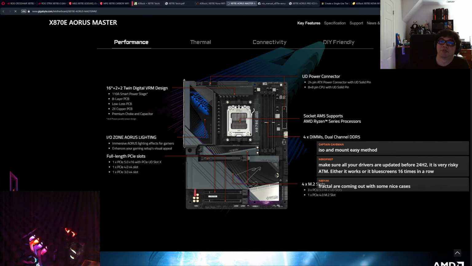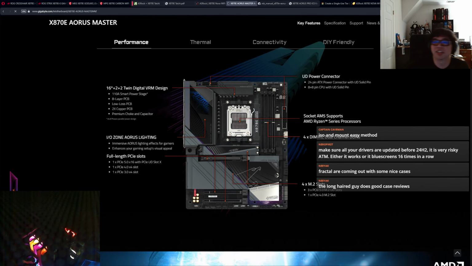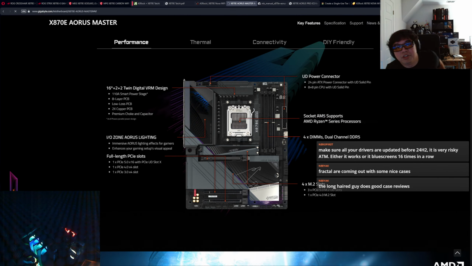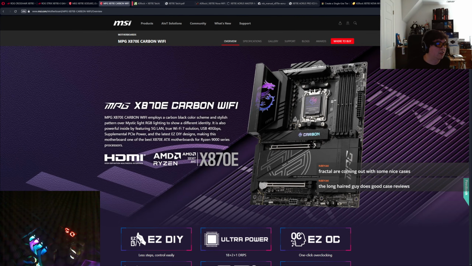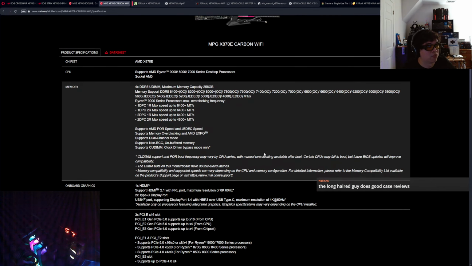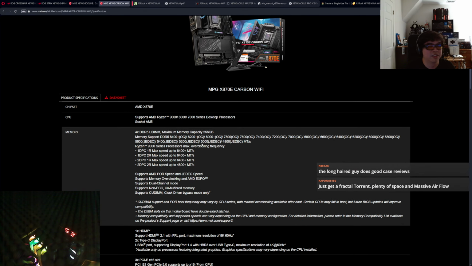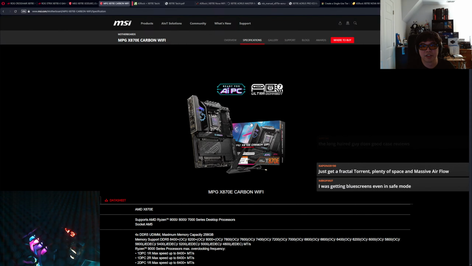Yeah, one thing I want to see, like CUDIMM, I'm actually very interested in the new DDR5. CUDIMM or CUDIMM, you know, that stuff. MSI has that support already on the Carbon. So for those of you wanting to know which motherboard, MSI already has CUDIMM support on the Carbon and the Godlike.